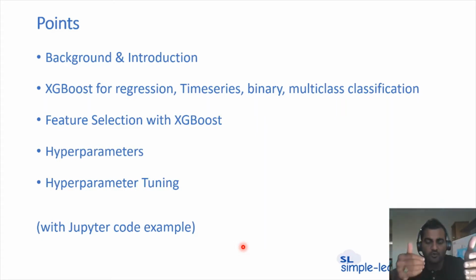I will go through a detailed Git walkthrough as well, where I can show you a Jupyter Notebook with a standard data set, and how this model can be implemented, right?